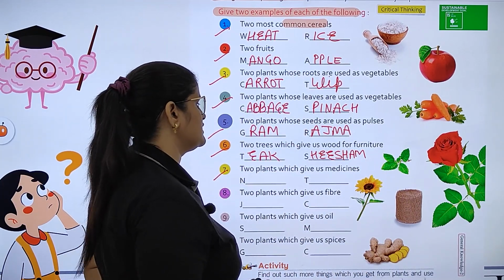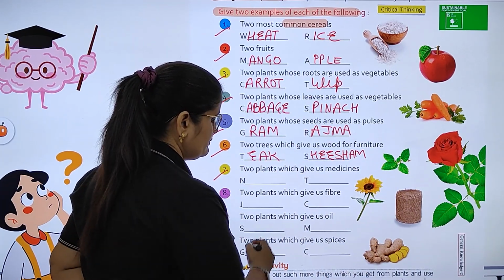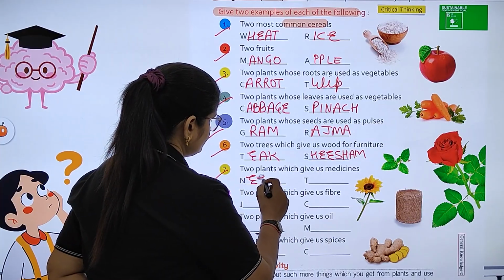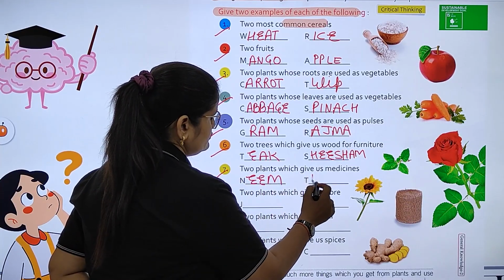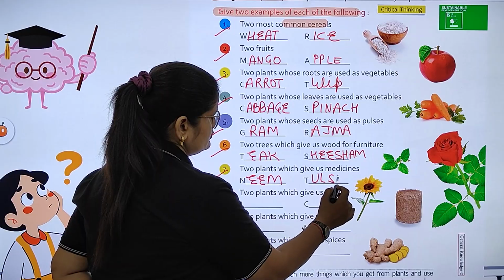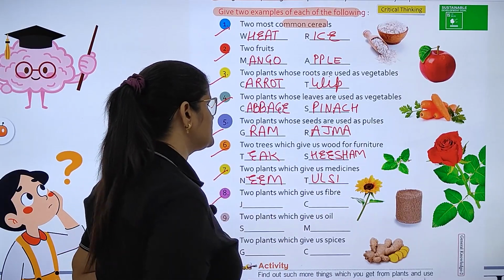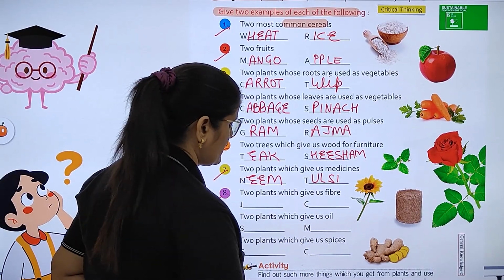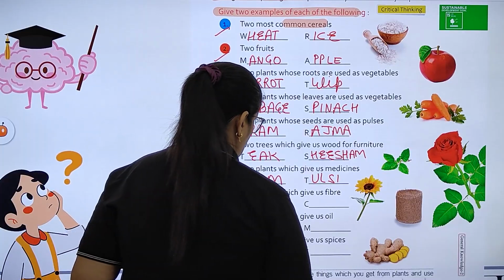Two plants which give us medicines: neem and tulsi. Two plants which give us fiber: jute and cotton.